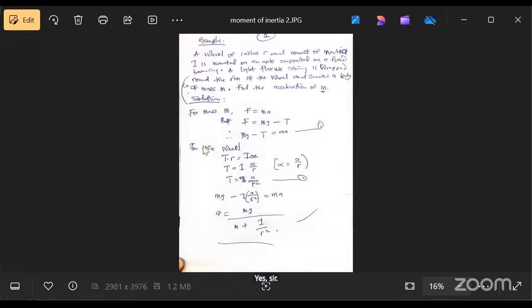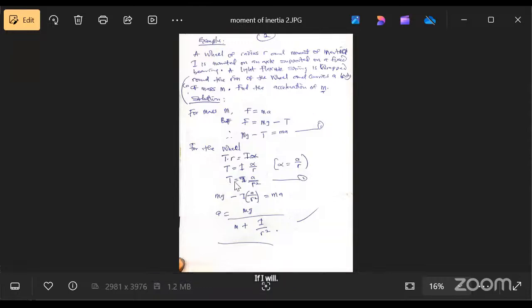For any wheel, T multiplied by R equals I alpha. It is now left to you to go and read about the wheel to establish whether equation 2, tension equals I A all over R squared, is valid for a wheel.